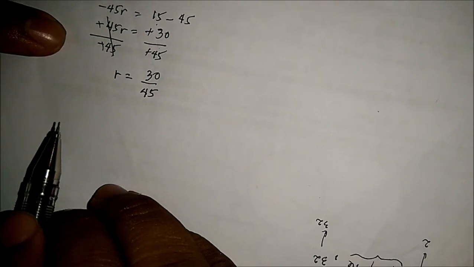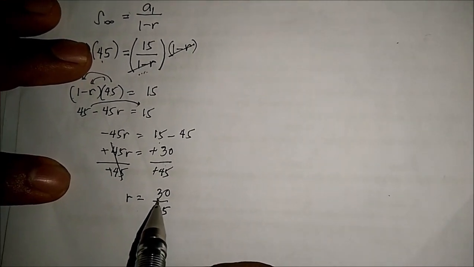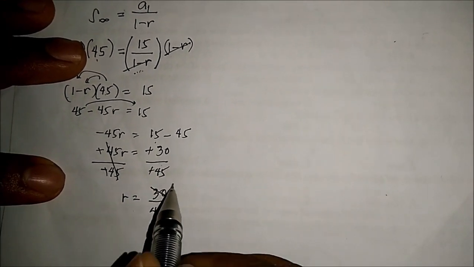The negative signs cancel. So the ratio would be 30 over 45. Just simplify the fraction. We can divide 30 and 45 by 5. 30 divided by 5 is 6, and 45 divided by 5 is 9. But as you can see, 6 over 9 is still simplifiable.